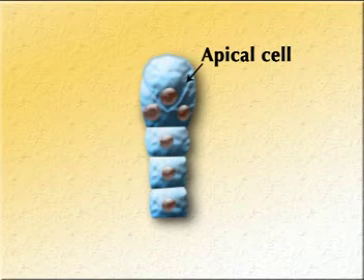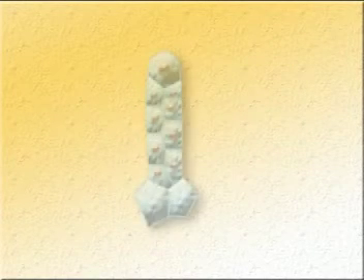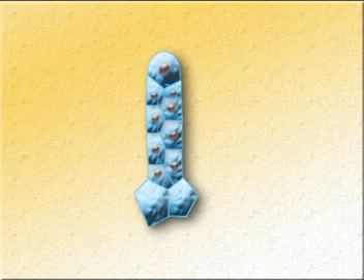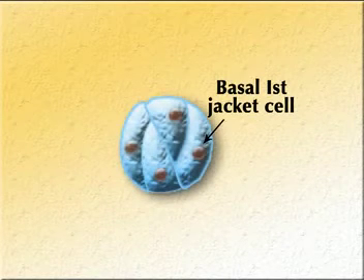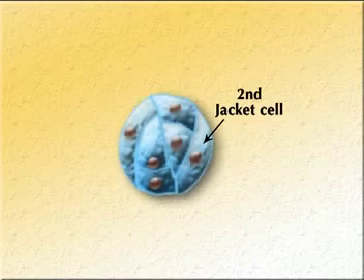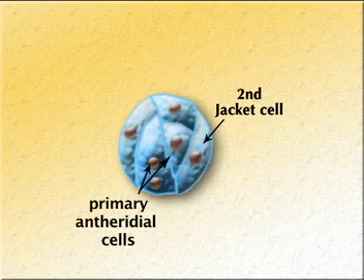Now, the upper 3 to 4 cells of this filament divide by diagonal vertical walls, each forming two unequal cells. The smaller peripheral daughter cell functions as first jacket initial. The large daughter cells again undergo similar divisions and give rise to second jacket initials on the outer side and primary antheridial cells on the inner side.